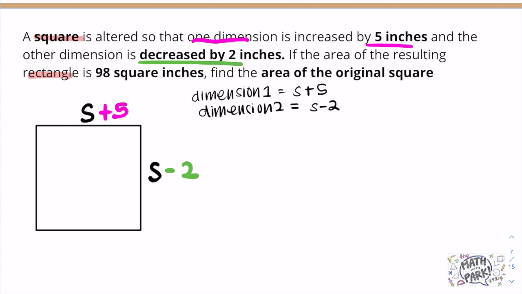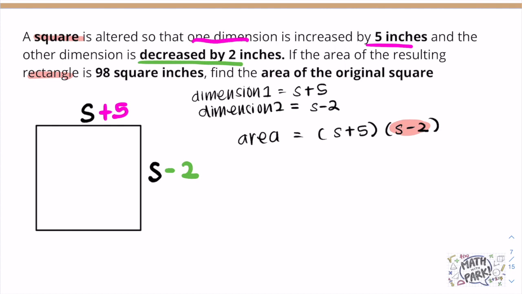So from this rectangle, we know this new rectangle now is 98 inches. We're going to multiply the length and the width because area of a rectangle is length times width. So area equals S plus 5, because that's dimension 1, times S minus 2, which is dimension 2.